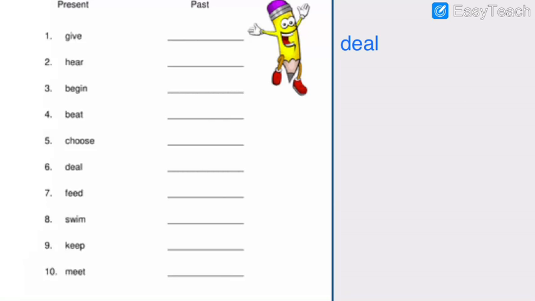Then what is the correct past form of the verb deal? So the answer is dealt. D-E-A-L-T, dealt. I dealt with the problem last Saturday. So deal will become dealt.